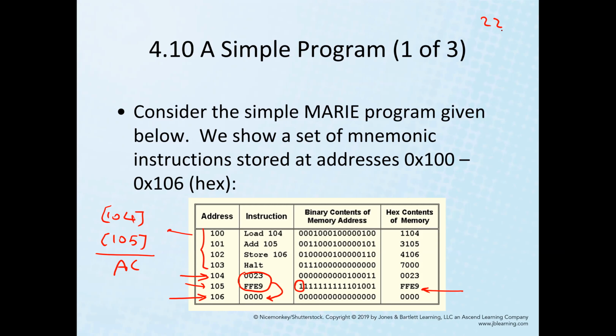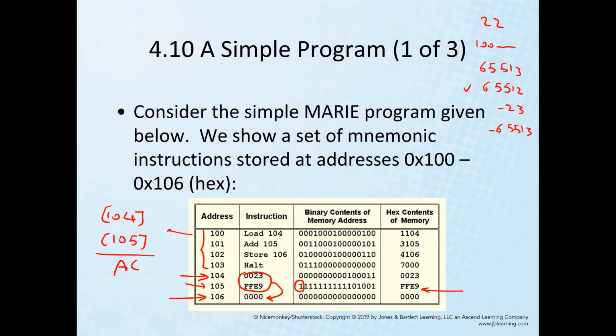I got 22. I got a binary number that starts with 1. I got 65,513. I have 61, 65, 512. I have again 65, 512. I have negative 23, and I have negative 65513.